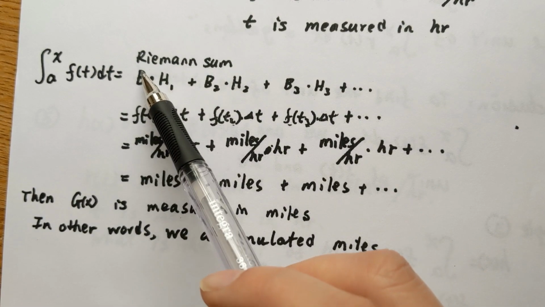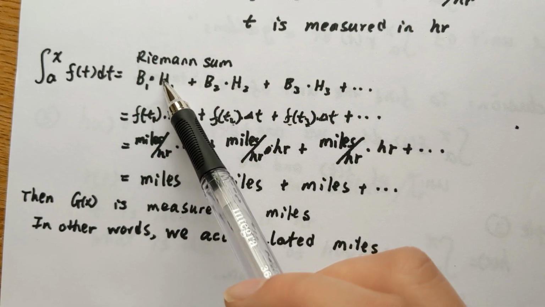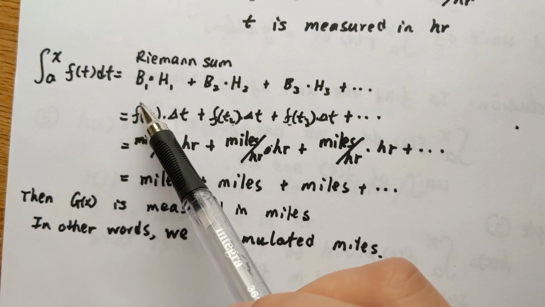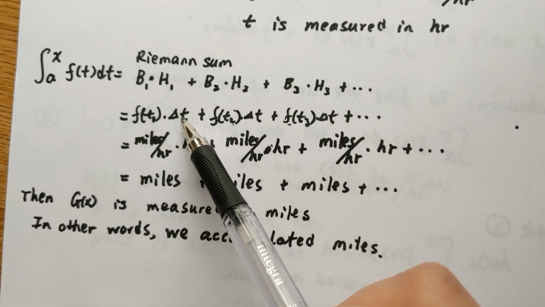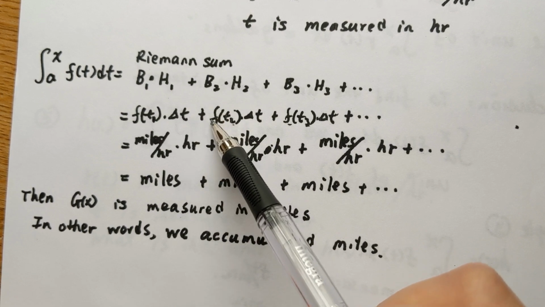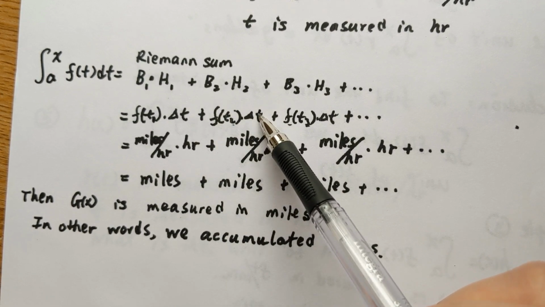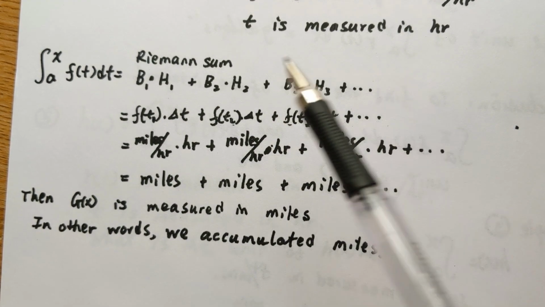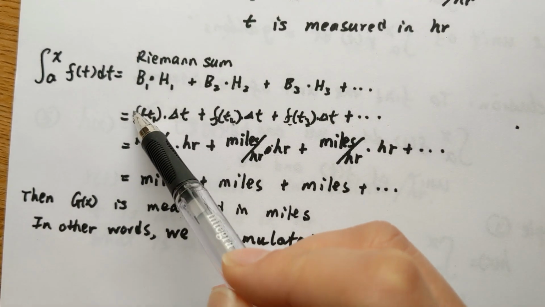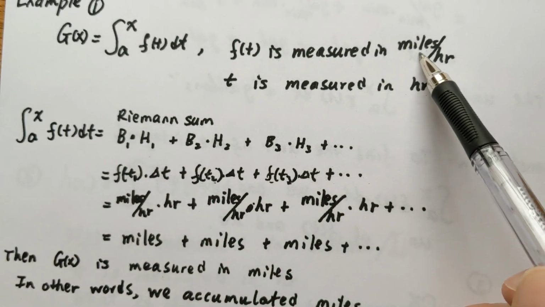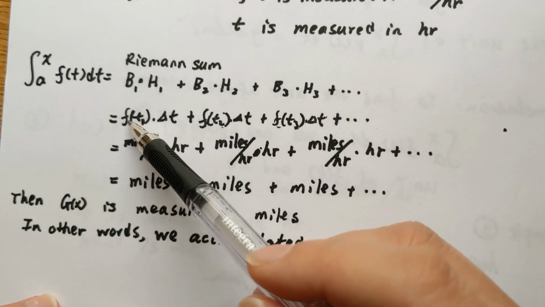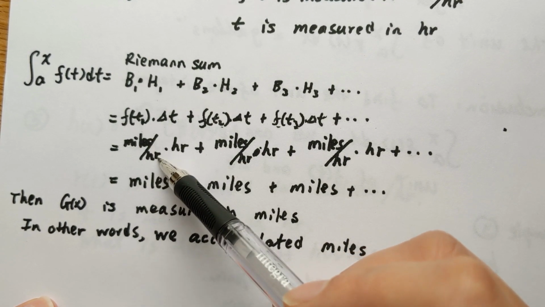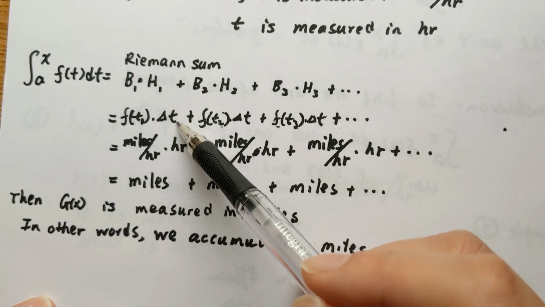So b1 times h1. We say that h will be f of t1 times delta t, and then plus f of t2 times delta t, and then plus f of t3 times delta t, and keep going. Because the unit of f is miles per hour, f of t1 is measured in miles per hour, and the time is measured in hours.